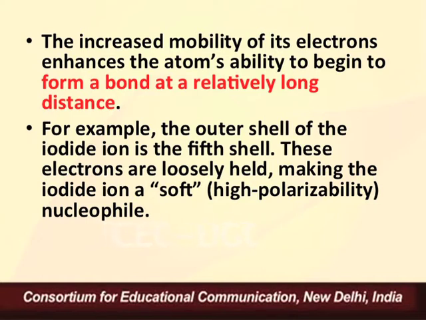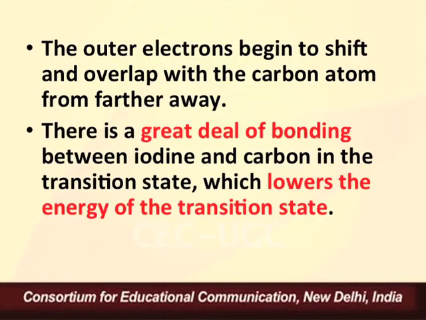So since it is highly polarizable, the outer electrons begin to shift and overlap with the back lobe of the sp3 hybridized carbon atom from a large distance. There is a great deal of bonding between iodide and carbon in the transition state, which lowers the energy of the transition state.